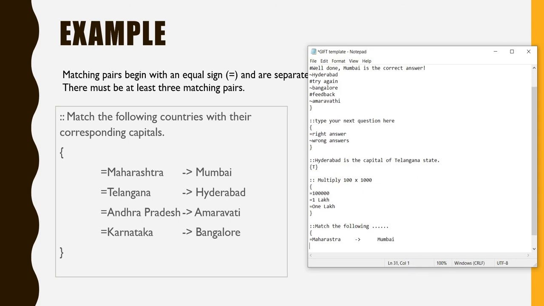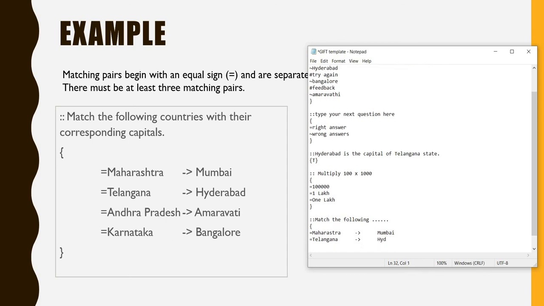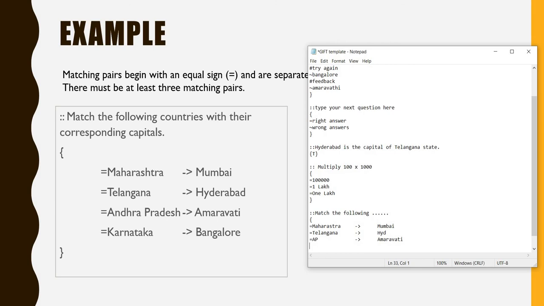If you are doing it on mobile, just give an equal sign, space, Telangana, hyphen, greater than symbol, Hyderabad, equals AP, hyphen, greater than, Amaravati. Okay, I hope you have got the base.